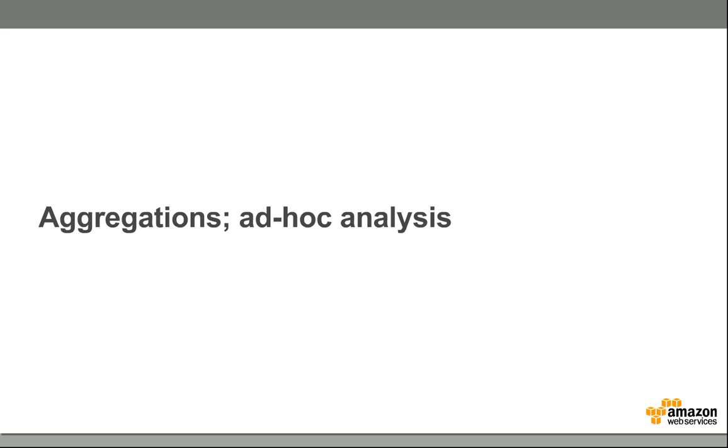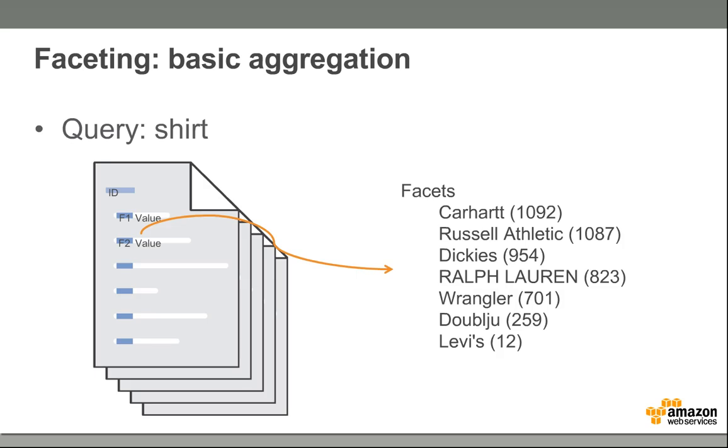Now, within search engines, and specifically within Elasticsearch, what backs the visualizations that we saw is something called aggregations. To understand aggregations, we start out with faceting. If I'm on an e-commerce site and I type something like shirt, I'll often see on the left of the screen a list of something like brands.